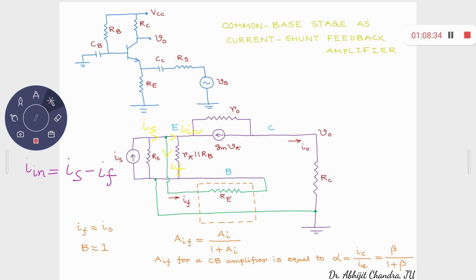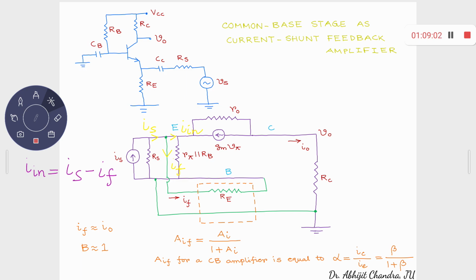Negative feedback, right? And what is the gain with feedback? It's a common base amplifier. For a common base amplifier, what is your input current? Input current is the emitter current. What is the output current? That is the collector current. As you have seen last time, for a voltage series kind of feedback, the voltage gain is close to unity, less than unity. And here, for the common base stage, input current is emitter current, output current is collector current.